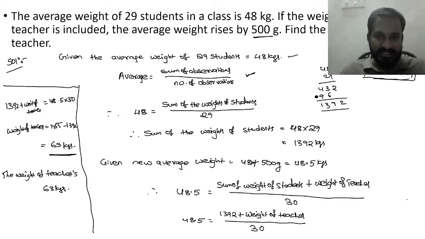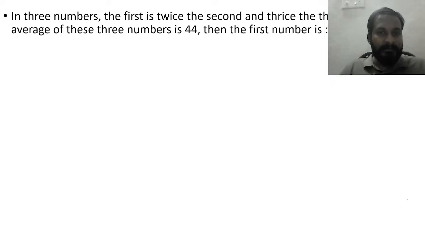Now we will see the next one. If three numbers, the first is twice the second and thrice the third. If the average of these three numbers is 44, then find the first number. That is the question. I think you cannot see this portion of the question. So, the first is twice the second and thrice the third.